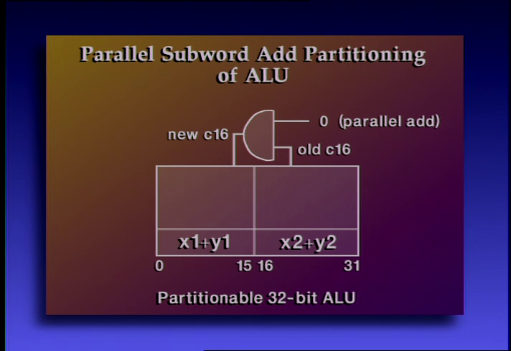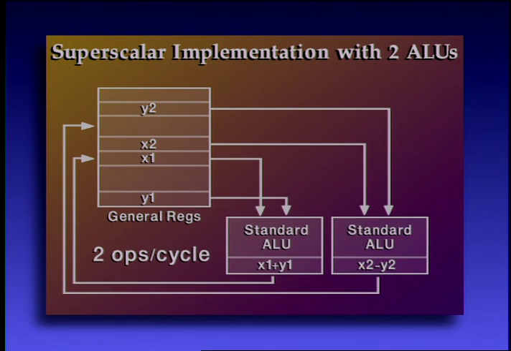Since the same two's complement adder is also used for subtraction, parallel subword subtraction can also be easily implemented. This amounts only to replacing the AND gate with a 2-to-1 multiplexer. If we wanted to get two operations per cycle without the technique of subword parallelism, we would need to implement two standard ALUs and increase the number of ports in the register file by 2 additional read ports and 1 additional write port.